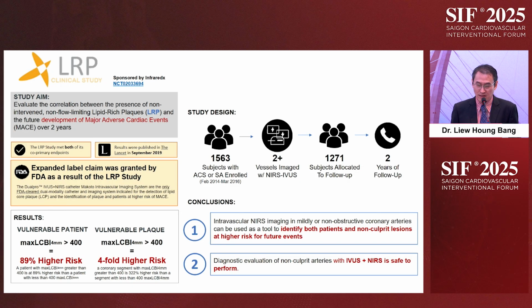And this is one of the studies, the LRP study, that evaluated the correlation of the presence of non-intervened, or just observational, non-flow limiting lipid-rich plaque and how MACE developed over 2 years.